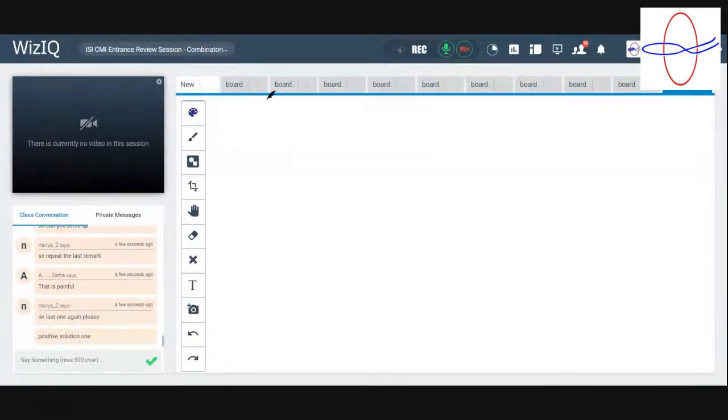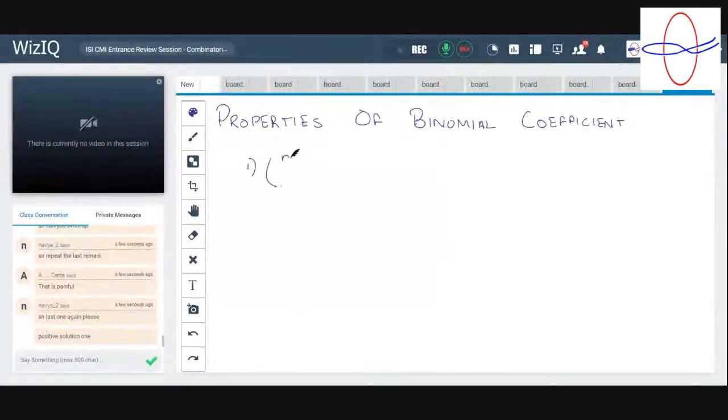Some properties of the binomial coefficient, basic properties. So first, n choose r is n choose n minus r.